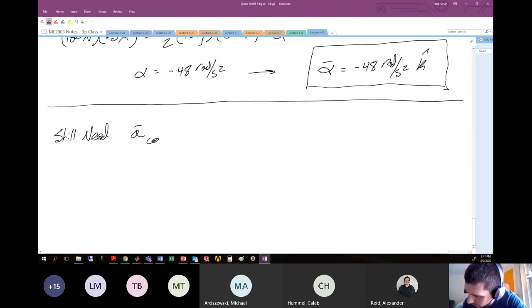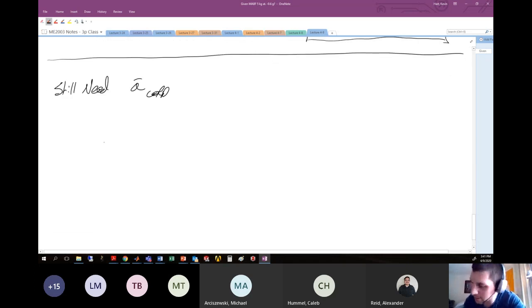If we think about the kinetics of what's going on with our picture, here's our disk, here's point G, and here's point A where the chord is coming off. I want to know what the acceleration of the chord is.